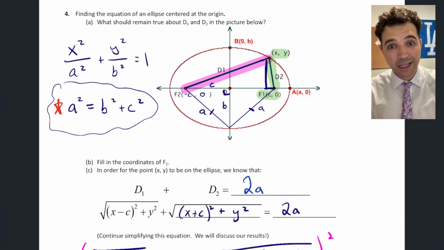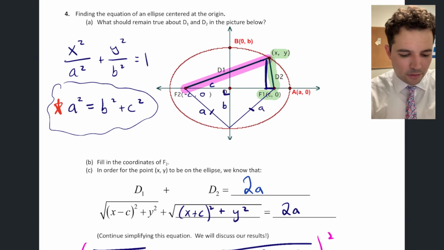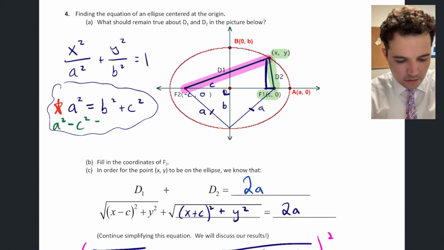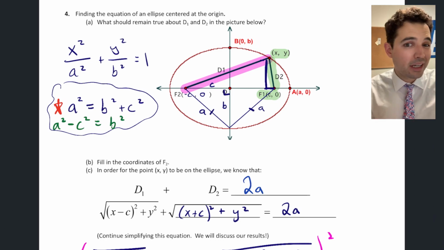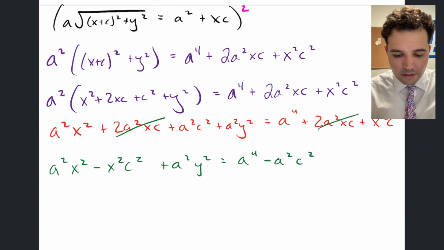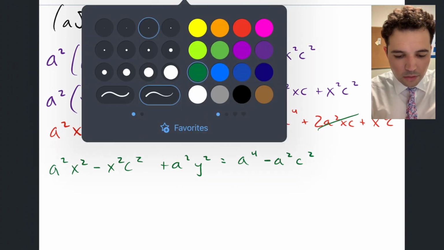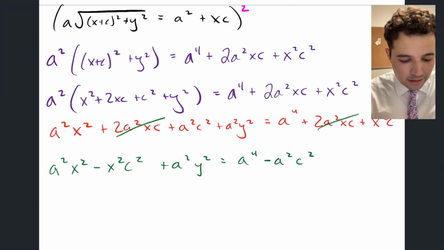One thing that I want to point out is that if a squared is equal to b squared plus c squared, then isn't it fair for me to say that a squared minus c squared is equal to b squared? All I did there was subtract the c squared from the other side. But now, if we do a little bit of factoring, we can actually bring the b squared into the equation, which is what we need.